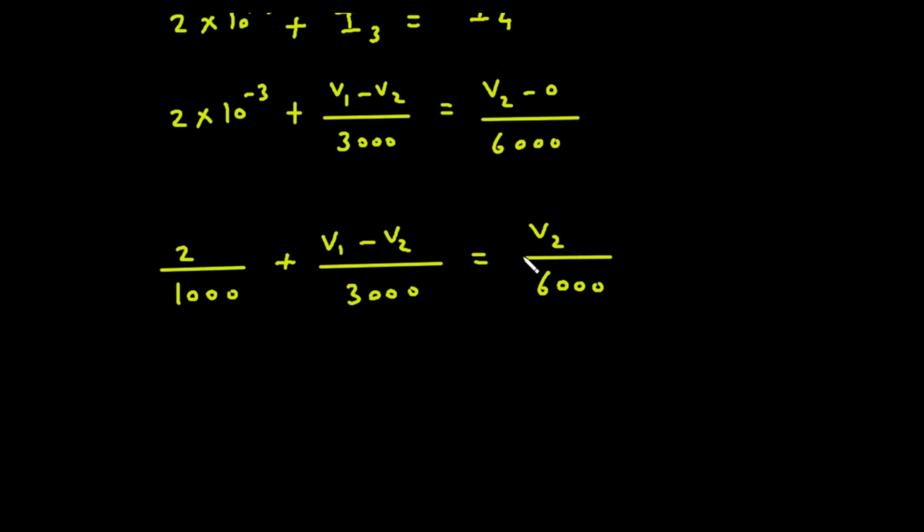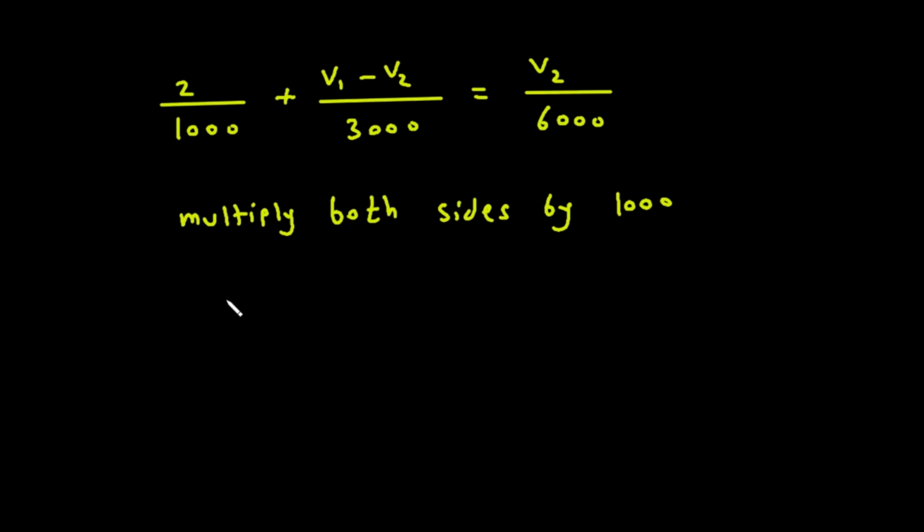Now here we will multiply both sides by 1000. So we get 2 plus V1 minus V2 divided by 3 is equal to V2 divided by 6.